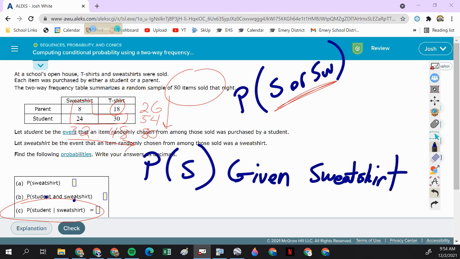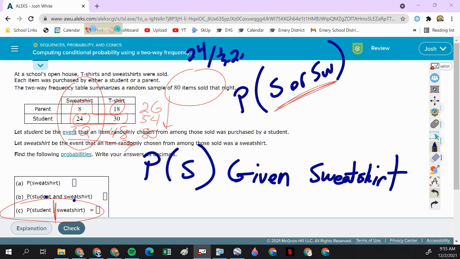What is the probability that the person picked is a student if you know that that person purchased a sweatshirt? Good. So how many of the sweatshirt owners were students? So 24 out of 32. So this little line here means given. And anytime you're dealing with a given problem, you only focus on that row or that column. Sorry, that row and that column.